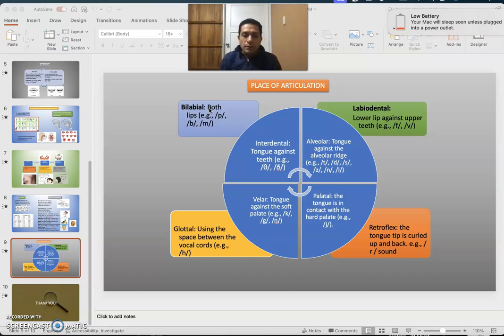The interdental, the tongue against the teeth.